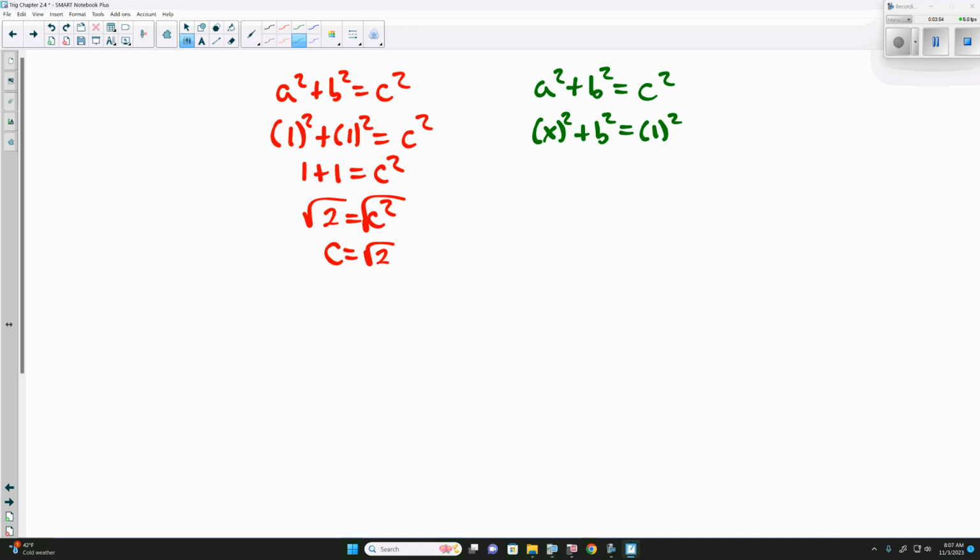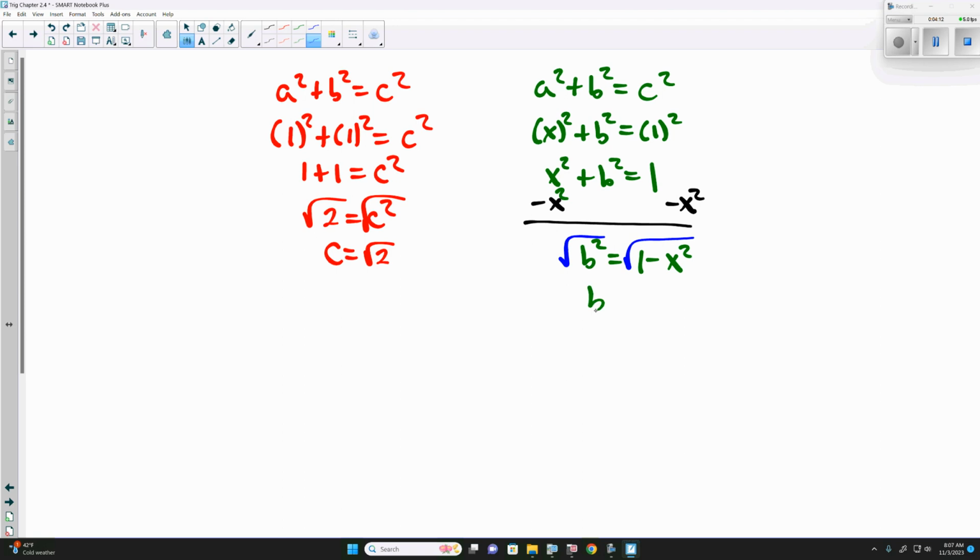Now x squared plus b squared is equal to 1. At this point we can subtract x squared from both sides, telling us b squared is equal to 1 minus x squared. Square root both sides, b is equal to the square root of 1 minus x squared.